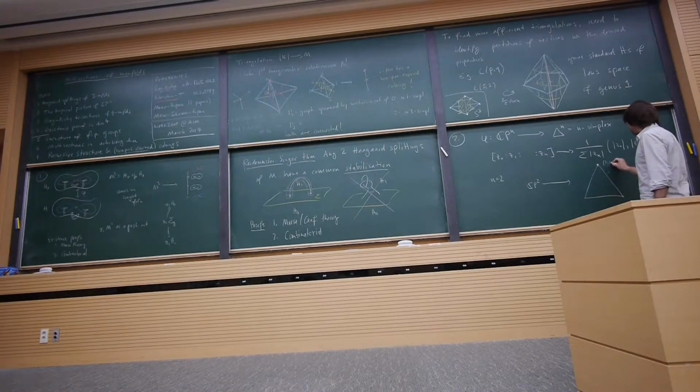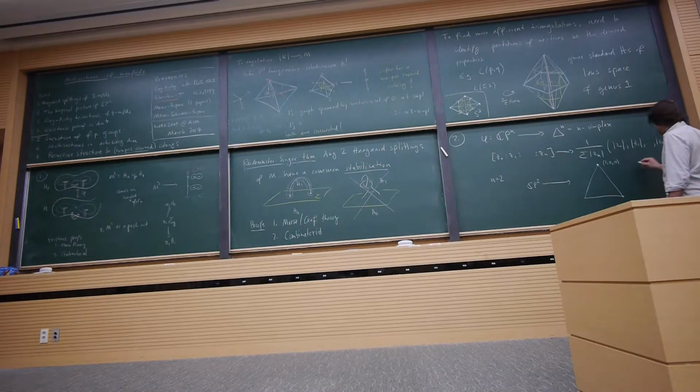I mean, the vertex (1, 0, 0). Say, what's the preimage of this point here in CP^2? One point. Yeah. So the preimage is one point. And that's actually true for each vertex, right? Phi inverse of a vertex is a point.